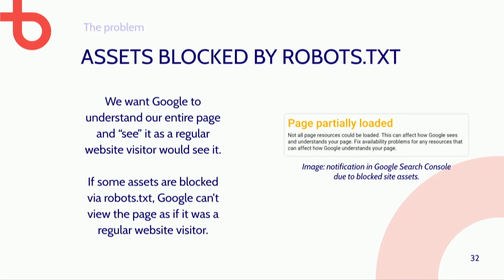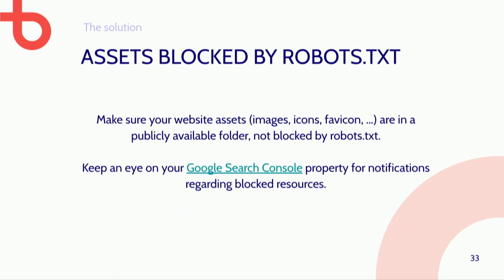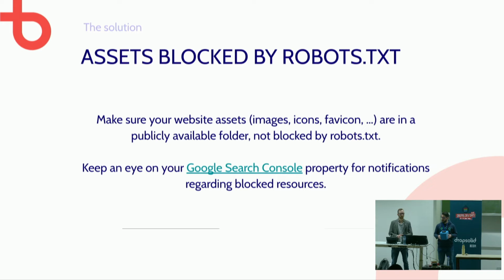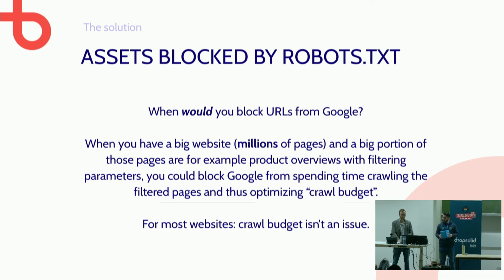If you do, then the solution will be to modify your robots.txt. You want to make sure that all your website assets, all the images, all the files you use, style sheets, JavaScript files, are located in a publicly available folder that is not blocked by robots.txt. And you could use Google Search Console to keep an eye out for notifications regarding those blocked resources.